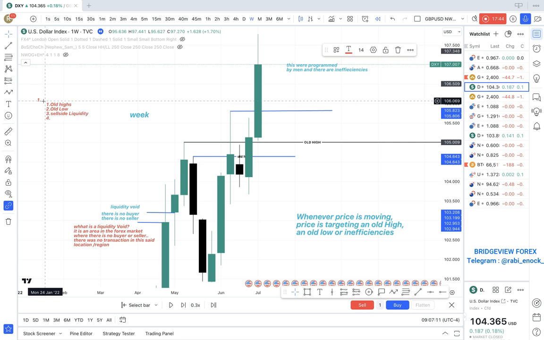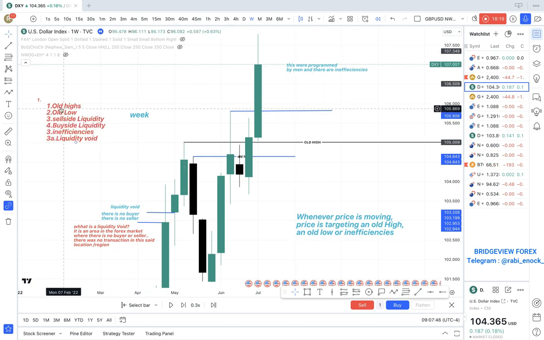And then we talked about buy side liquidity. And then we talked about inefficiencies. And then we stated an example of inefficiency as 3A, that'll be liquidity void. So this is what we studied today.